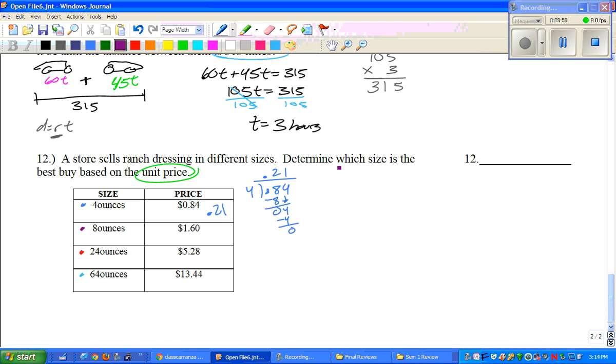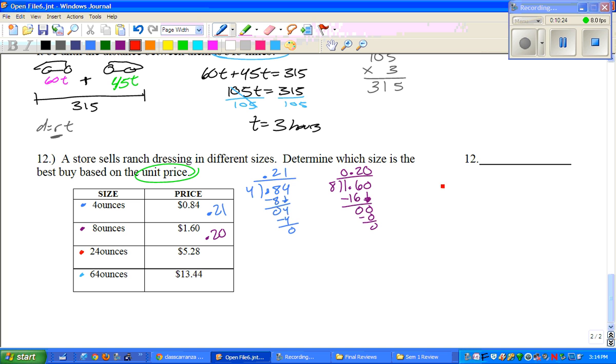Okay, the next one is you're taking $1.60 divided by 8. 8 does not go into 0, but it goes into 16 2 times. You need to bring that 0 down. And it goes into there 0. Okay? So this is 20 cents.